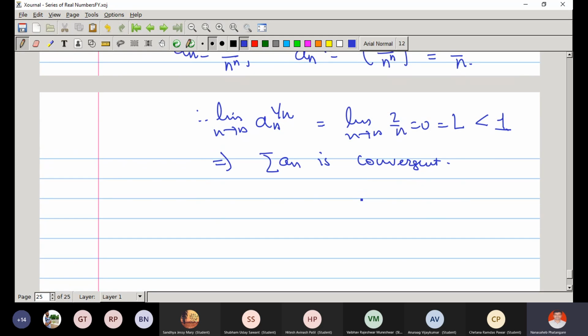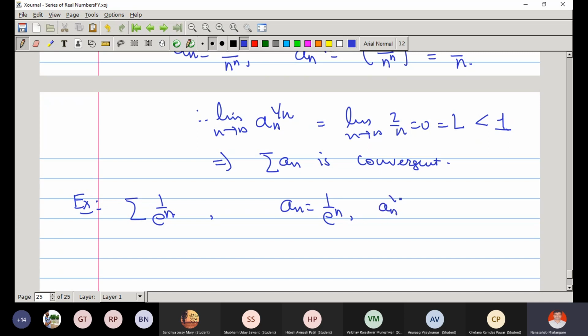Now you can apply this to the known series whose limits you already know. For example, 1 upon e to the power n, which we have already discussed, is convergent. But let us apply this test and check whether this test gives the same answer. So what is an? 1 upon e to the power n.